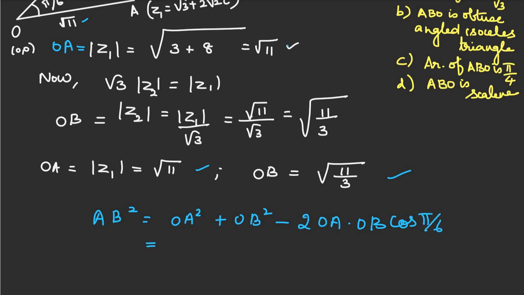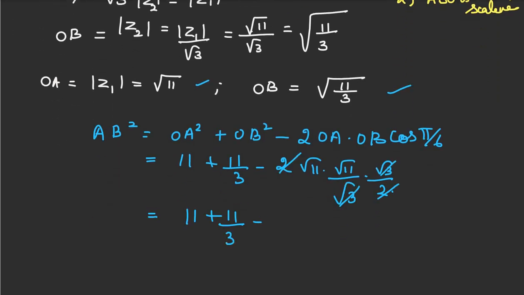OA square, OA is root of 11, so OA square will be 11 plus 11 by 3 minus 2 times root of 11 into root of 11 by 3 into cos pi by 6, which is root 3 by 2. Now this gives us AB square equal to 11 by 3, which implies AB is equal to root of 11 by 3.